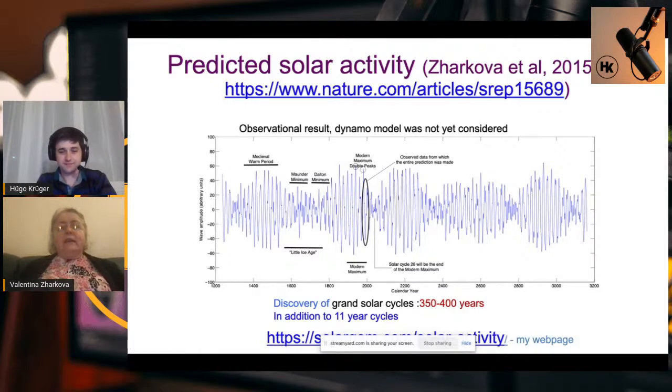This is the first modern Grand Solar Minimum, and the second modern Grand Solar Minimum will be from 2375 up to 2415. It will be four cycles, the next one. Not anyone today will be alive to verify that.